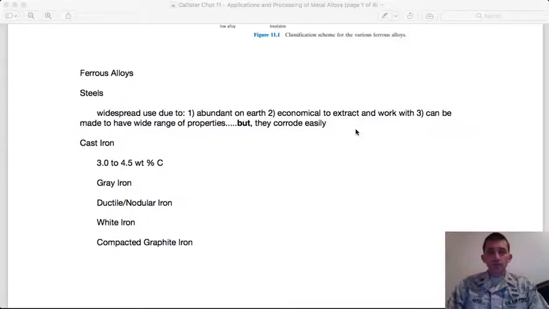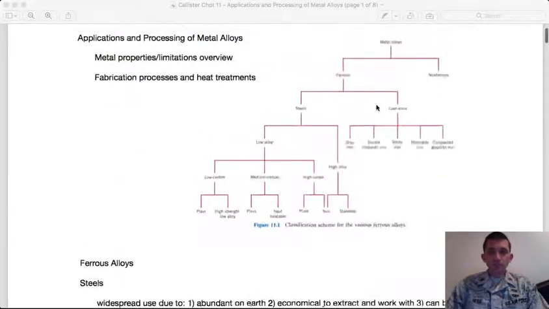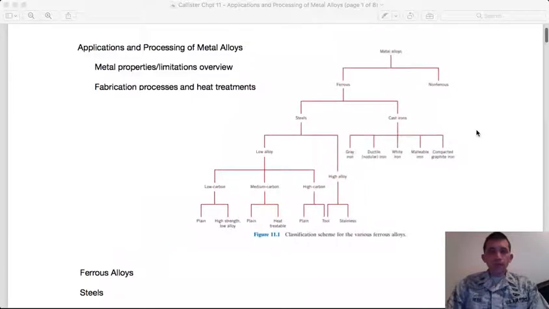So you can make steels and other iron-based metals work for many applications, and their main downside is that they corrode easily. We're all aware of the rusting of steel. But within ferrous alloys, we have steels and cast irons.